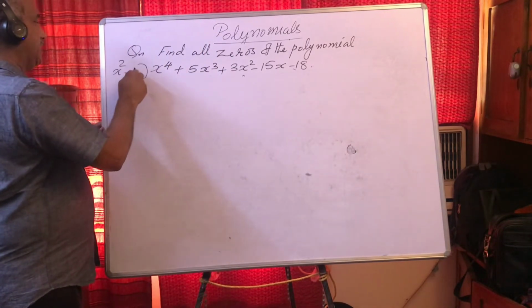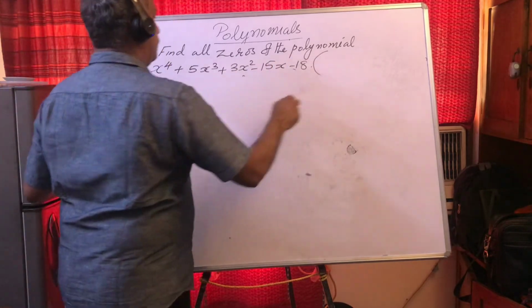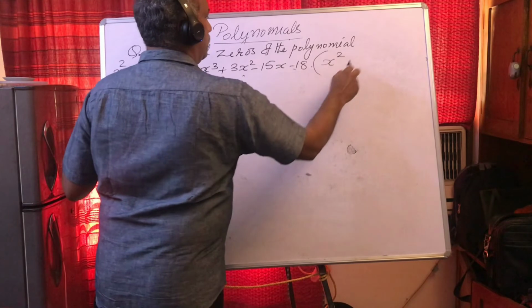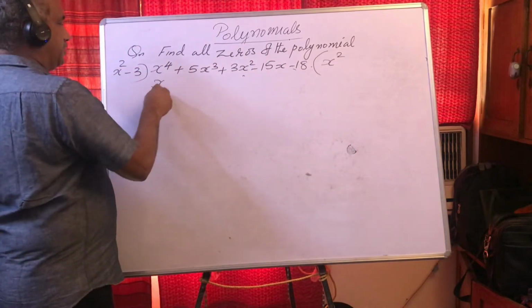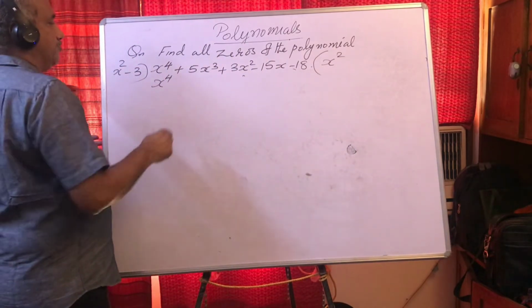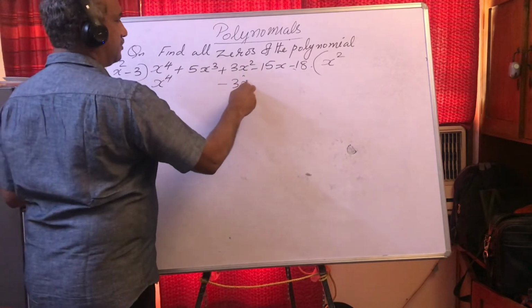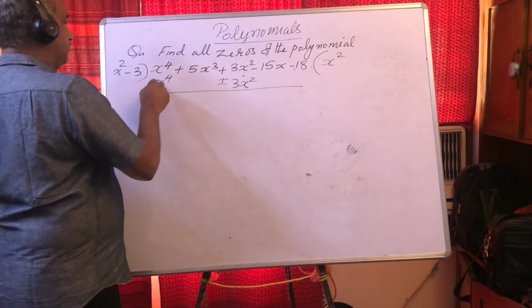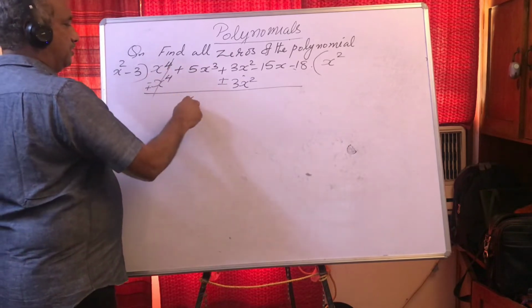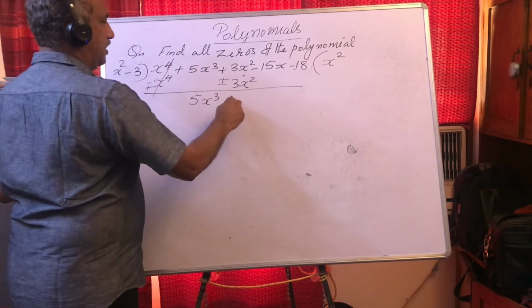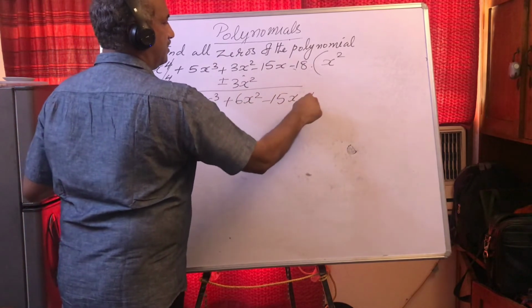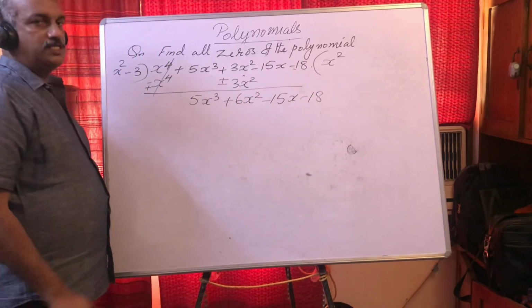See, x square minus 3, then x raised to 4 upon x square, x square into x square, x raised to 4, x square into minus 3, minus 3 x square. So change the sign, this will become plus, this will become minus, cancel, 5x cube plus 6x square minus 15x minus 18. First division is over.